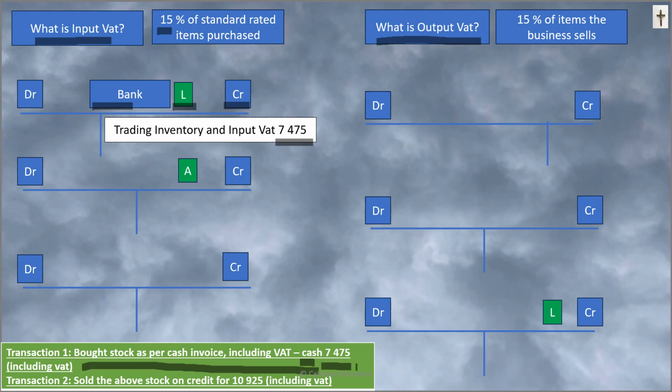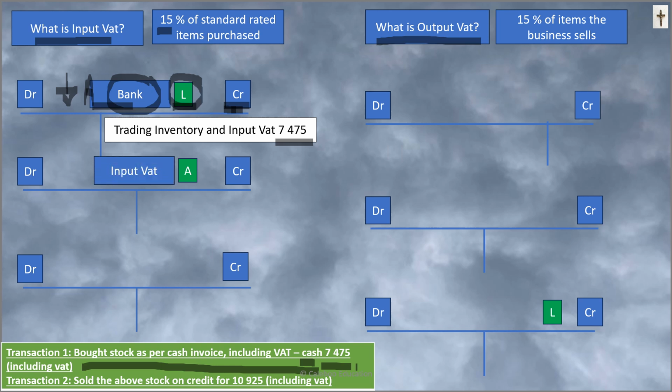So we pay the supplier 7,475, and this account gets credited. This can actually be, if bank was an asset and we did have money in the bank account, our current account, a decrease in assets, the account gets credited. But because this bank account in our books has a credit balance, it's a liability.